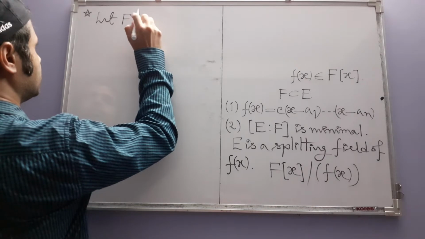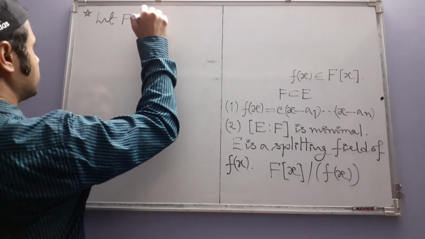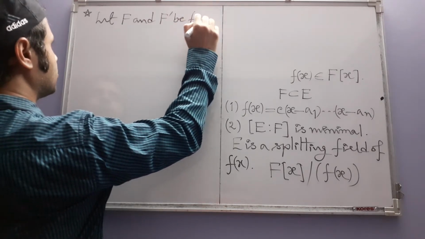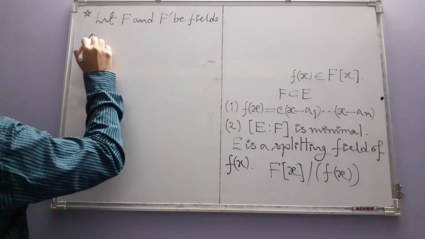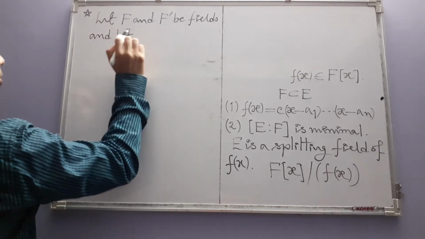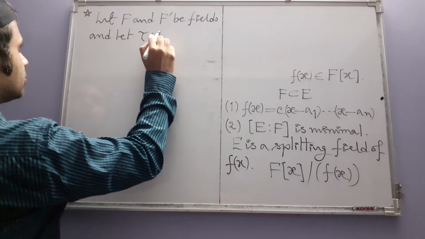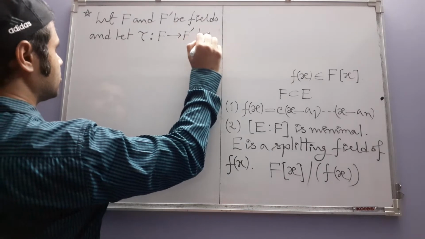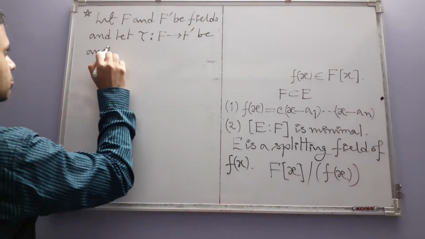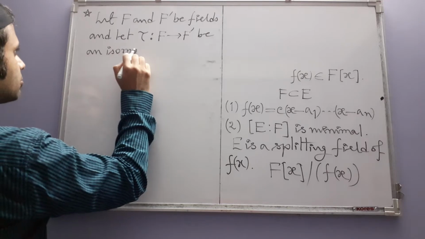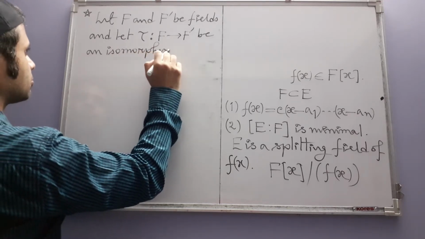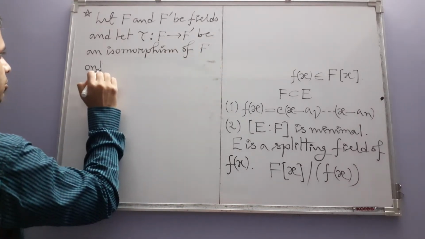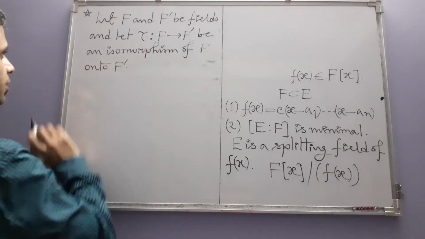Let F and F prime be fields, and let tau from F to F prime, these are isomorphic fields, be an isomorphism of F onto F prime.